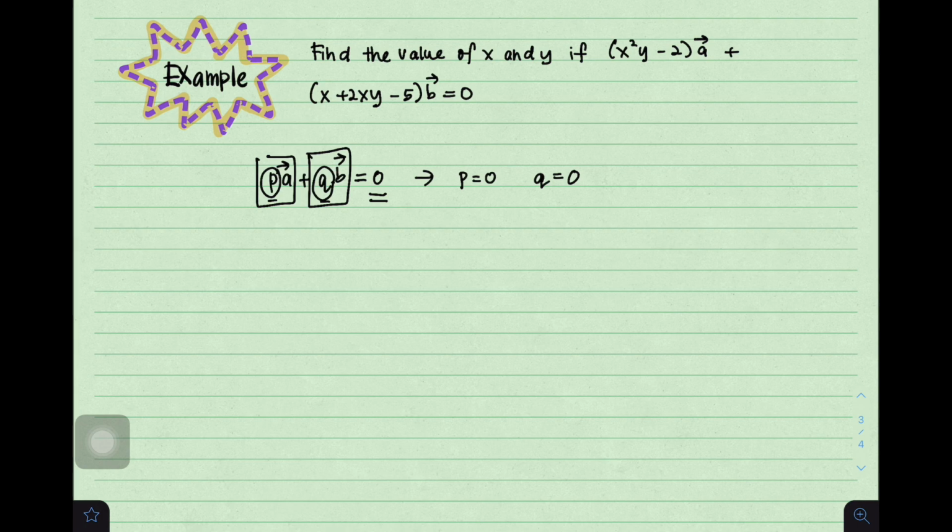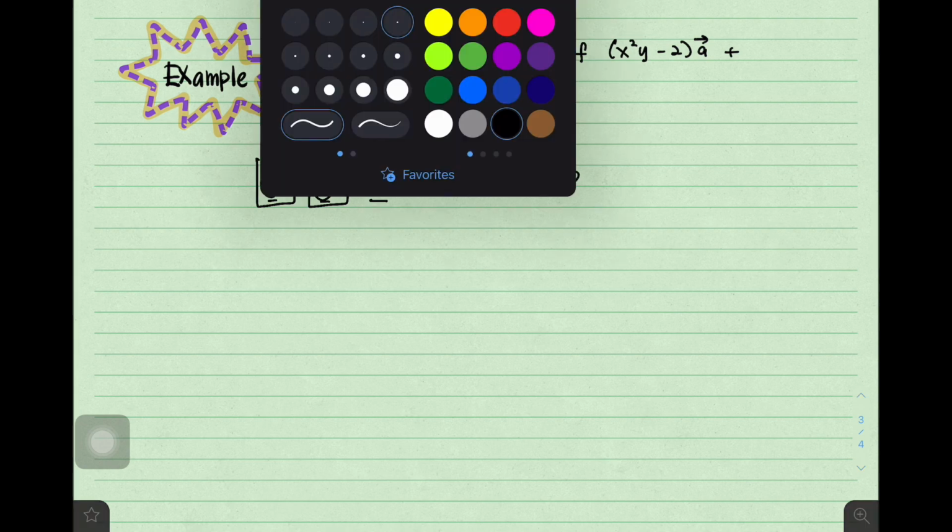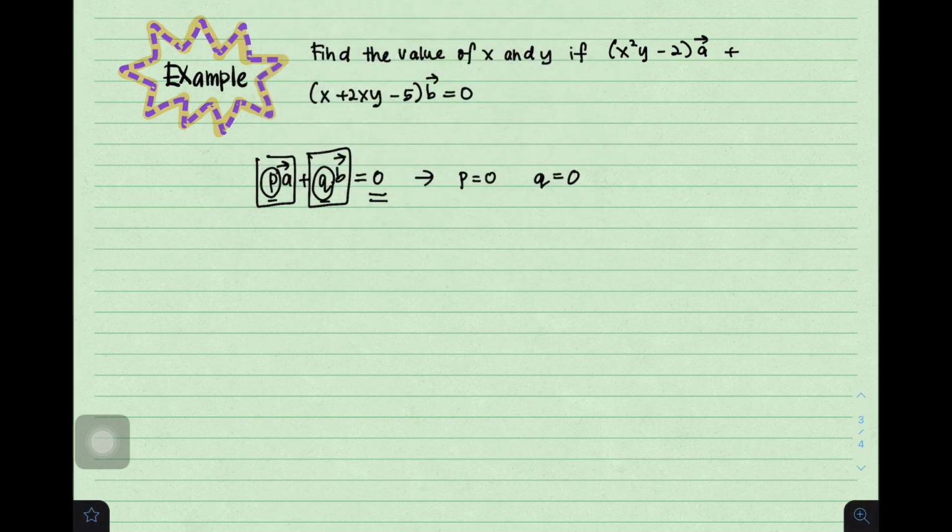Okay, so in this case, where is the scalar of A? So the scalar of A is this one. In front of the vector A is the scalar of A, and in front of vector B is the scalar of B. Okay, because this one plus this one is equal to 0, it means that the first scalar is equal to 0 and the second scalar is equal to 0 as well.